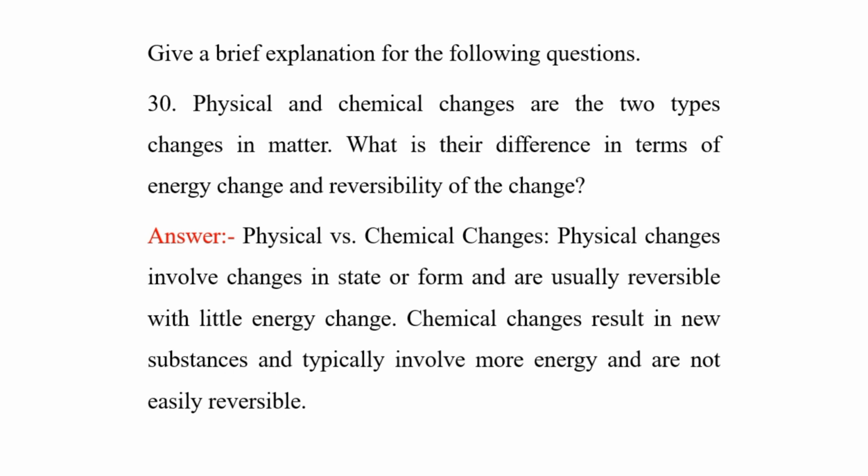The answer is physical versus chemical changes. Physical changes involve changes in the state or form and are usually reversible with little energy change, while chemical changes result in new substances and typically involve more energy and are not easily reversible.